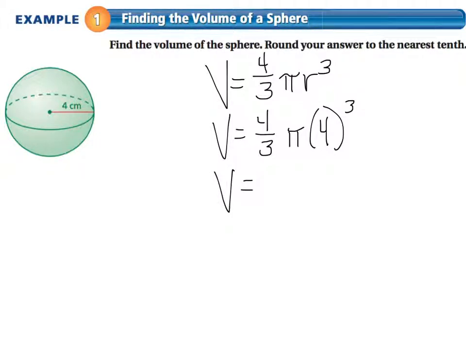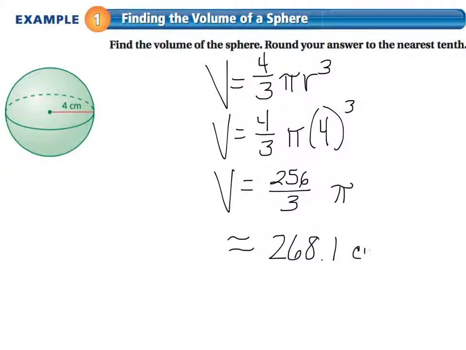That gives us 4/3 times 64. Well, that's 256 thirds pi, which if you simplified that, 256 divided by 3, multiplied by pi, gives you approximately 268 and 1/10 cubic centimeters.